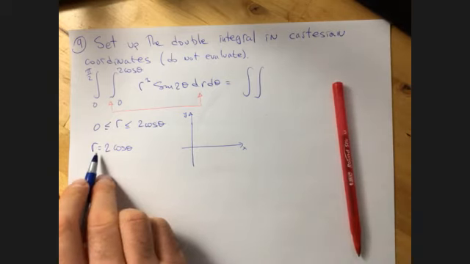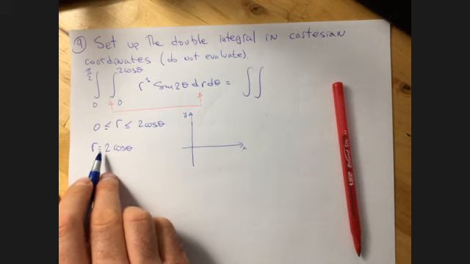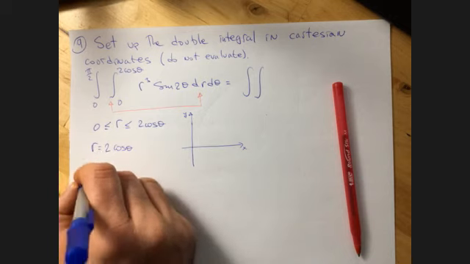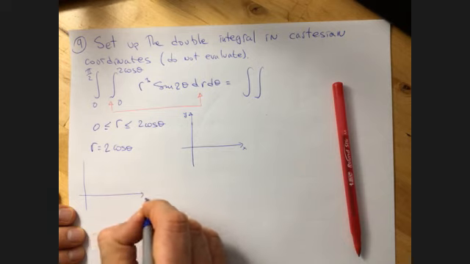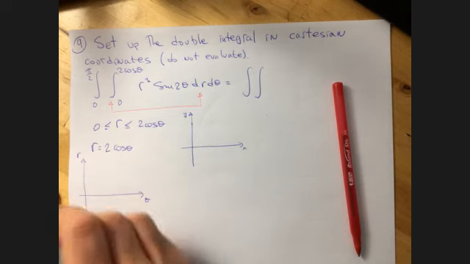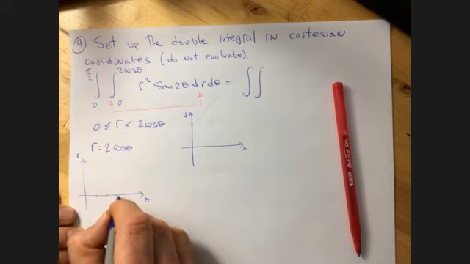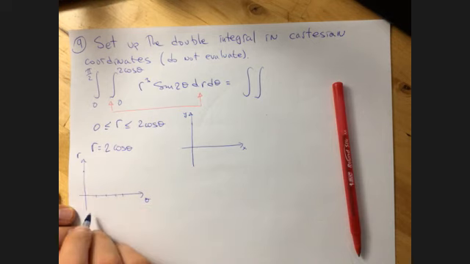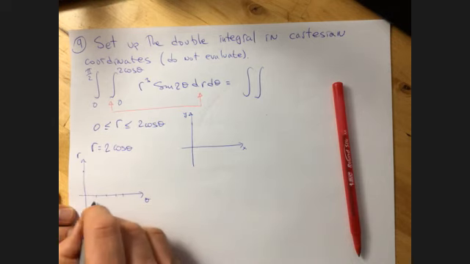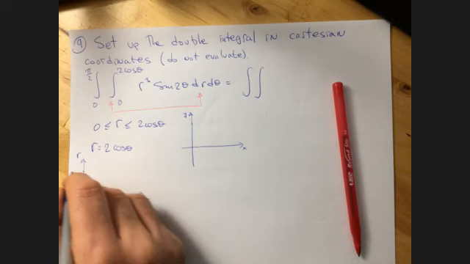Well, what is this, right? So how do we sketch this? Well, when you have theta and r, so 1, 2, 3, 4, r is greater than 0. Okay, so this is pi over 2. So this is 2.